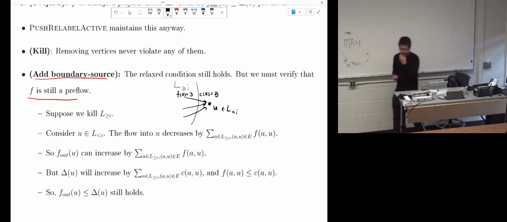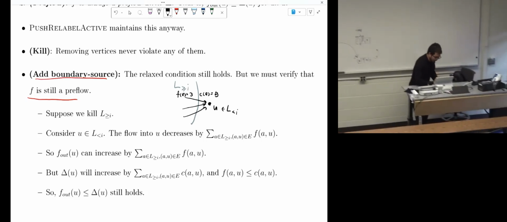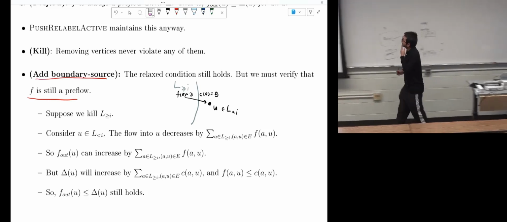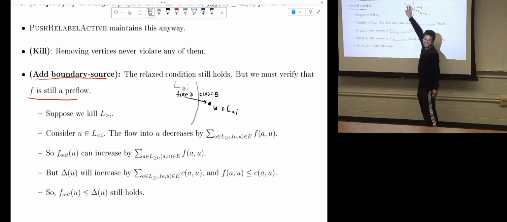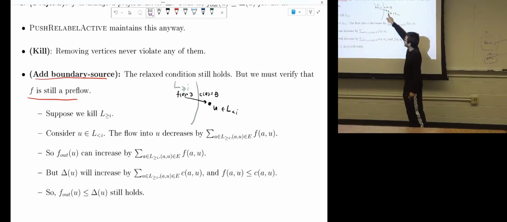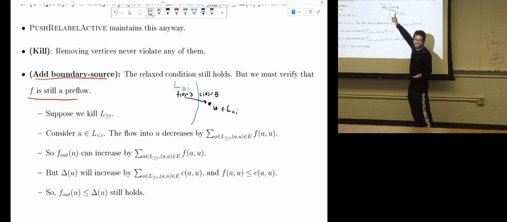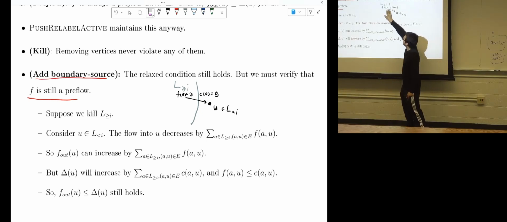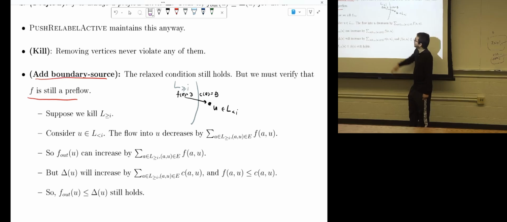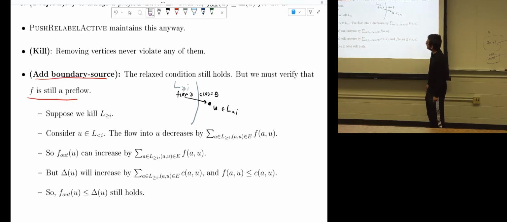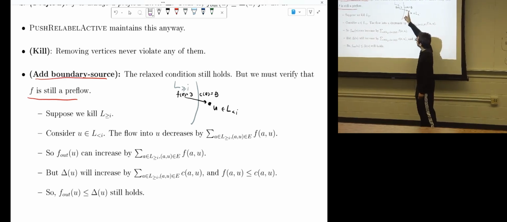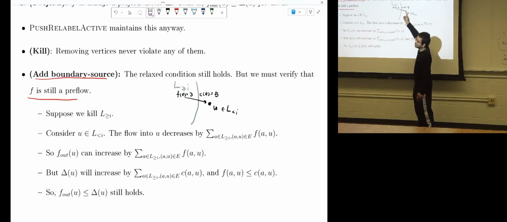Let's just look at one edge for simplicity. If I kill this guy, then the flow into U would decrease by 3, because I just remove this edge, so the net flow into U decreases by 3, and you sum over all edges like this. So the net flow out of U increases by 3.